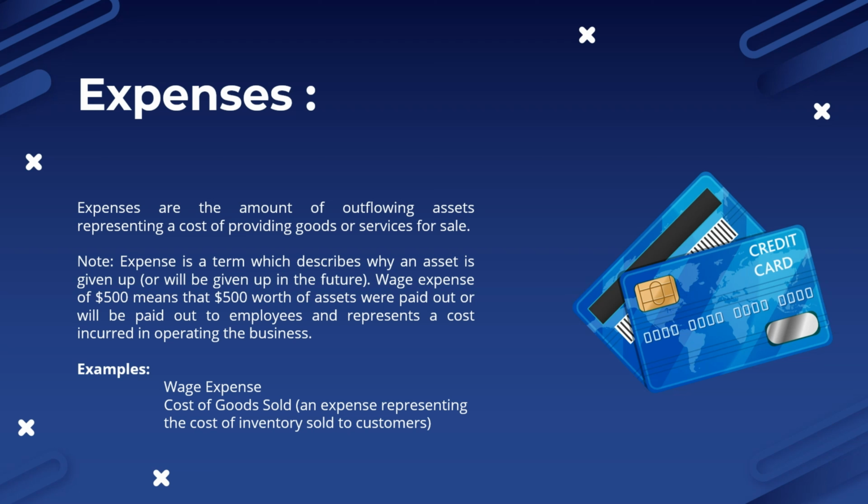But maybe I'll do it just to make you feel better about this kind of expense for a while. Instead of calling it cost of goods sold, let's call it cost of goods sold expense. Now, this is an expense representing the cost of inventory that's being sold to customers.